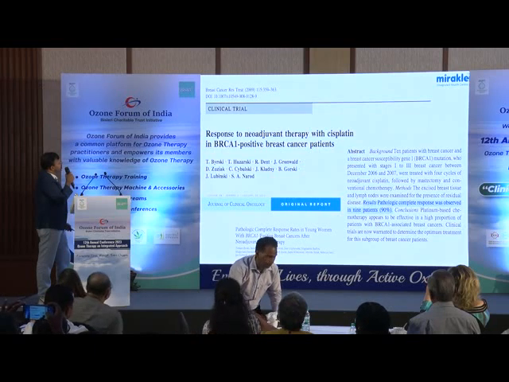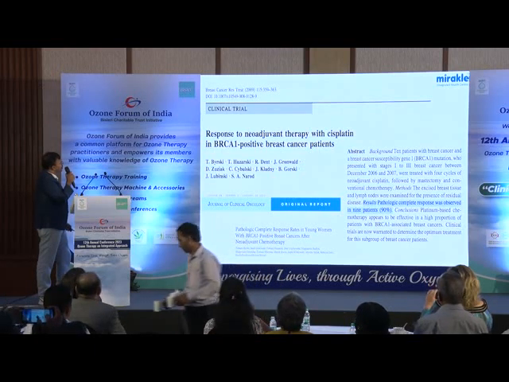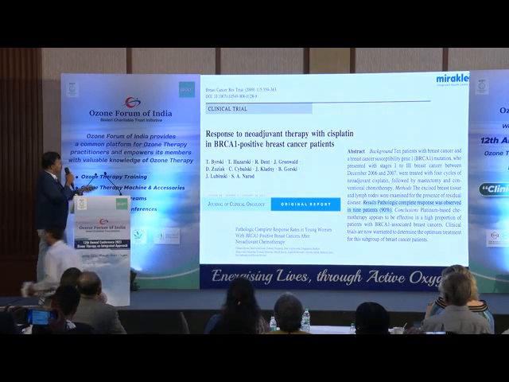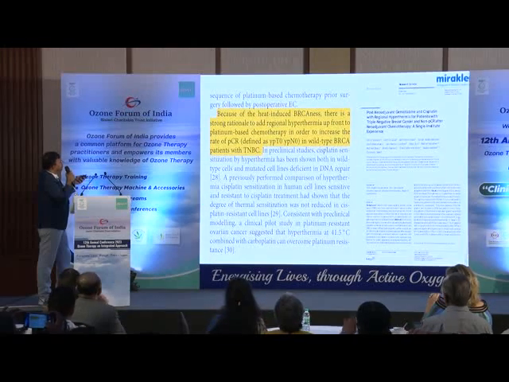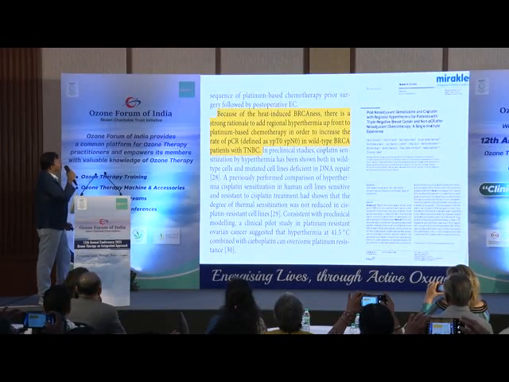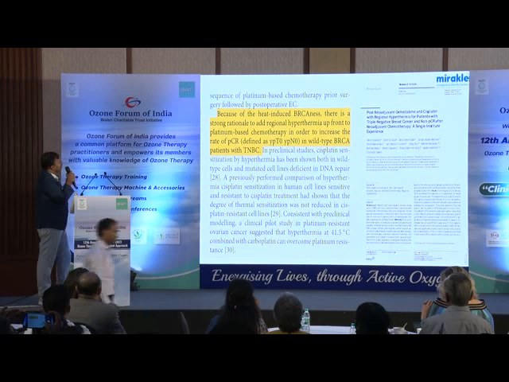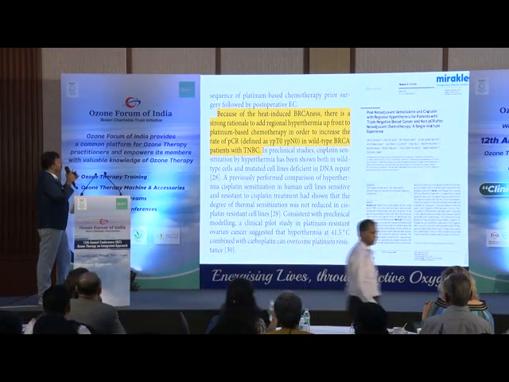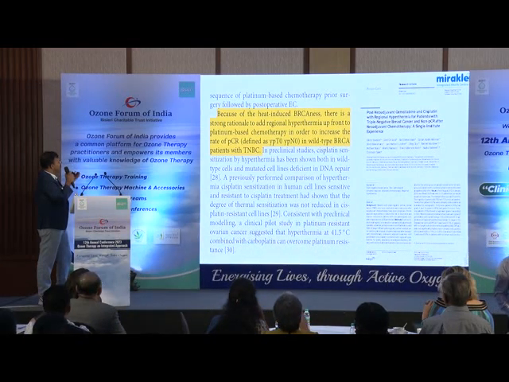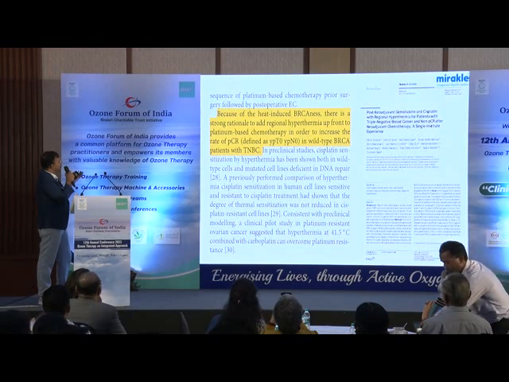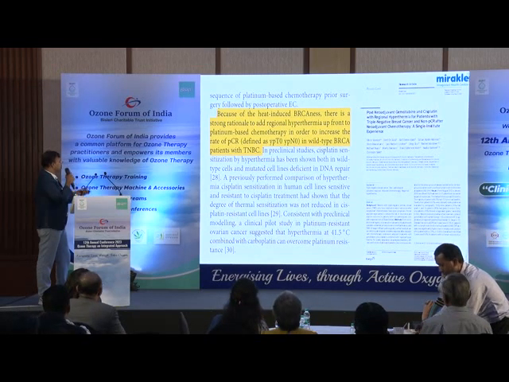It looked at the response to neoadjuvant therapy with cisplatin in BRCA positive breast cancer patients. When combined with heat induced by hyperthermia, BRCAness is achieved. Once BRCAness is achieved, you combine with platinum-based chemotherapy to get a complete pathological response, compared to wild type BRCA in triple negative patients.